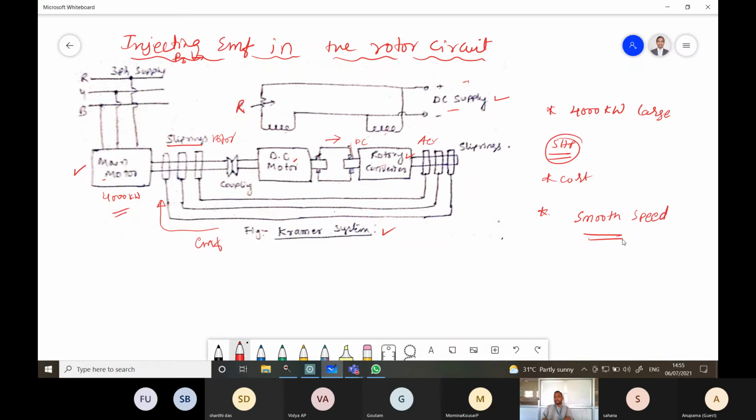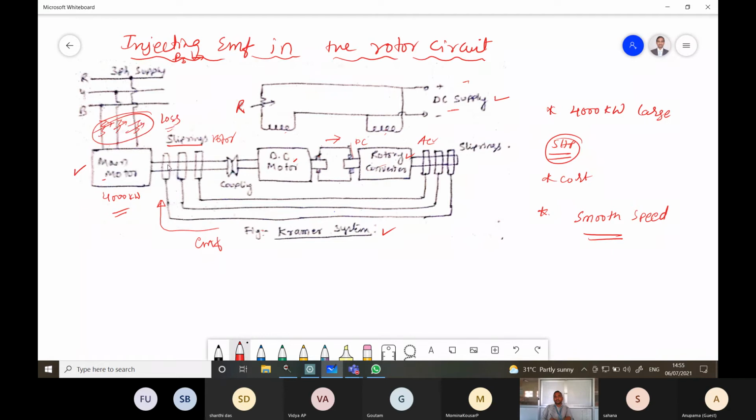In industry, smooth control is very much necessary. You cannot control it by just using a rheostat in the main circuit. Suppose you introduce three rheostats like this, you are not getting smooth control by varying them, because a lot of power loss will occur here.